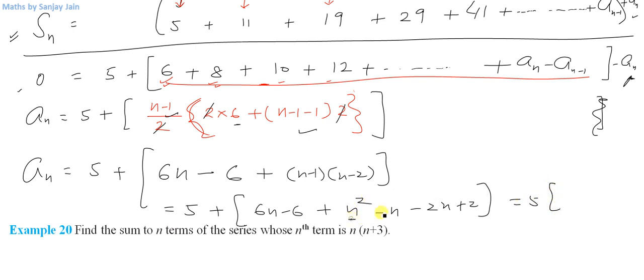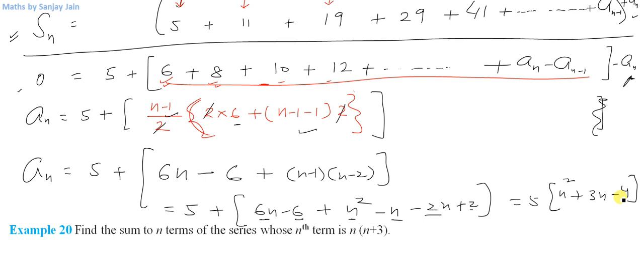5. This is n squared, 6n minus 3n, so total 3n, and minus 6 plus 2, so minus 4. Okay, so it came out to be 5 plus n squared plus 3n minus 4.